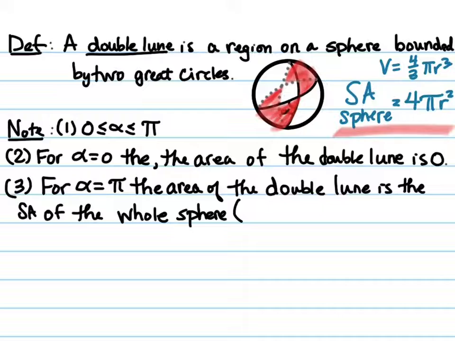In spherical geometry, what's the radius we're working with all the time? It's 1. So what is the surface area of this entire sphere in spherical geometry? 4 pi. So if we have an alpha value between our two great circles that's actually the whole thing or approaching the whole thing, you can think of a limiting process. The area is approaching 4 pi, the whole sphere.